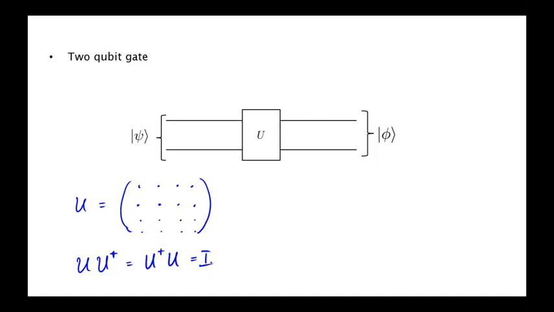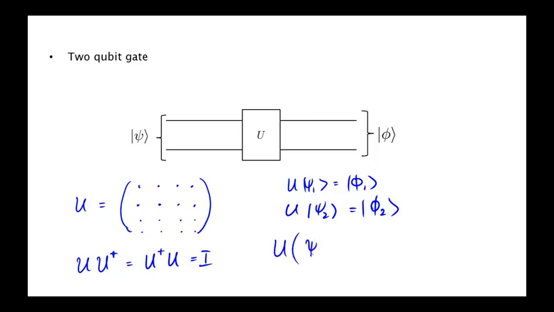And of course U is a linear transformation, which means that if U of psi 1 equals phi 1 and U of psi 2 equals phi 2, then U of psi 1 plus psi 2.